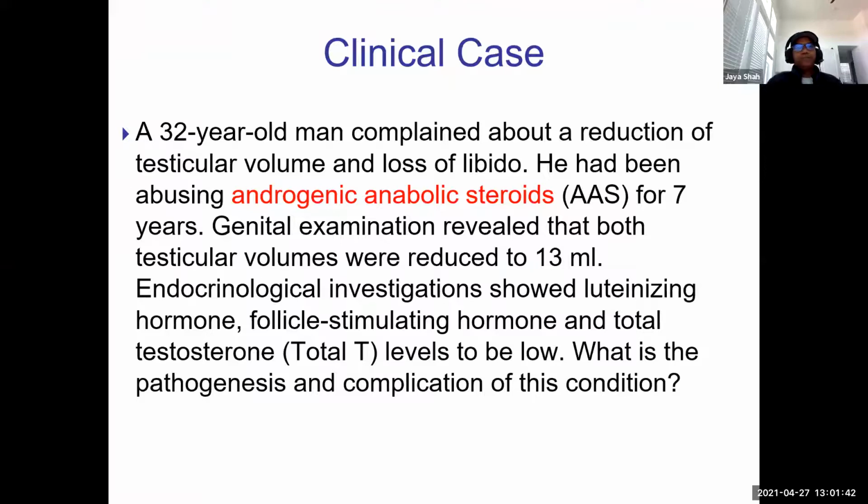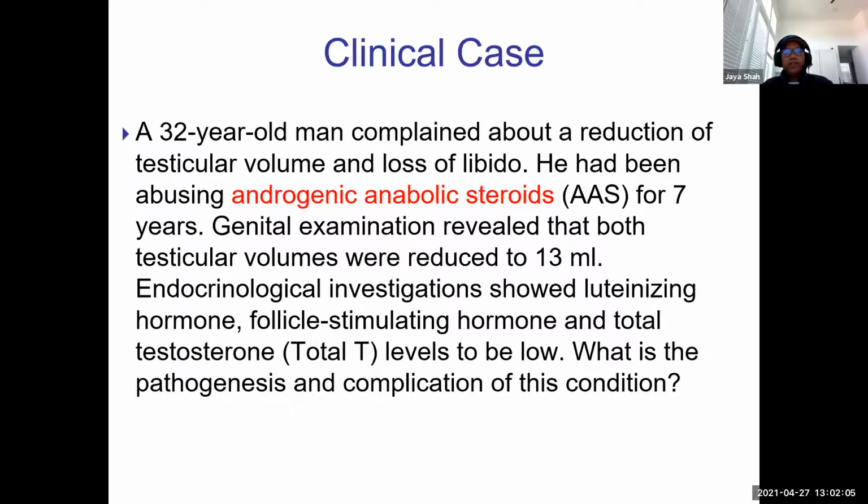Okay. So here, let's start with a clinical case. A 32-year-old man complained about a reduction of testicular volume and loss of libido. He had been abusing androgenic anabolic steroids, AAS, for 7 years to build the body.